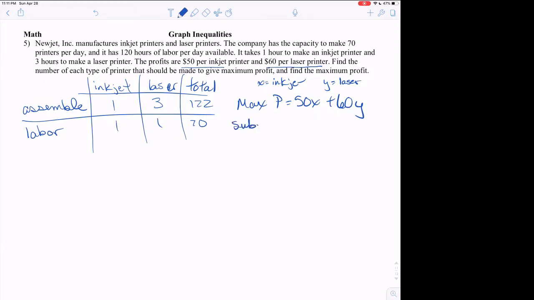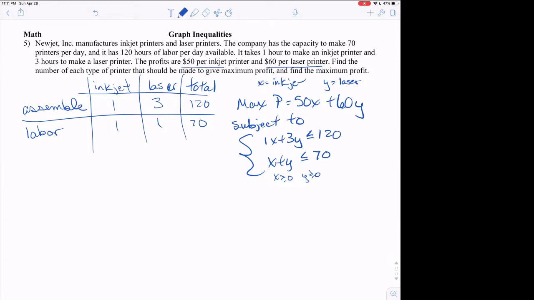Subject to 1x plus 3y less than or equal to 120, and x plus y is less than or equal to 70. And again, we know that x is greater than or equal to 0 and y is greater than or equal to 0.